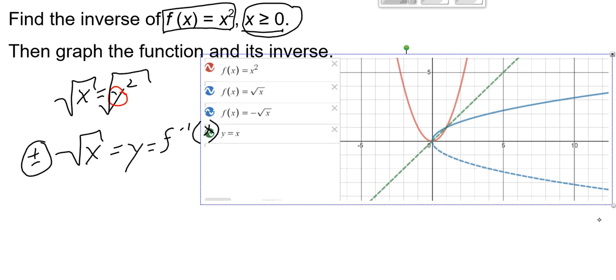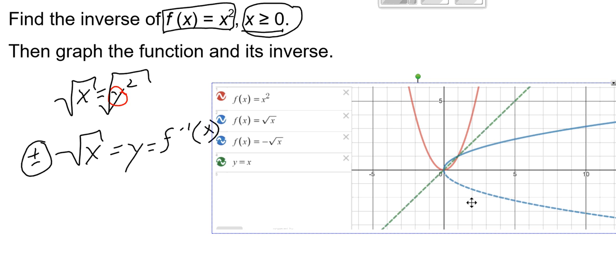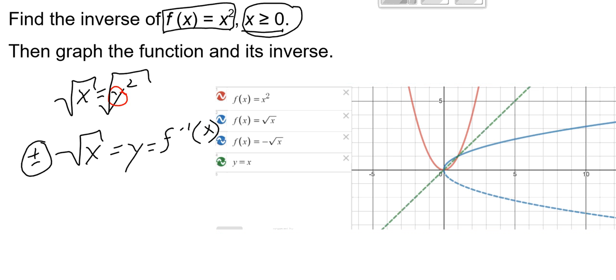So when we do that, consider this graph. Using Desmos is useful if you don't have your graphing calculators at home. Notice our function here, f of x equals x squared. If we only want x greater than 0, that means this is actually not a part of our graph, so that's just kind of blacked out. So we only have that.